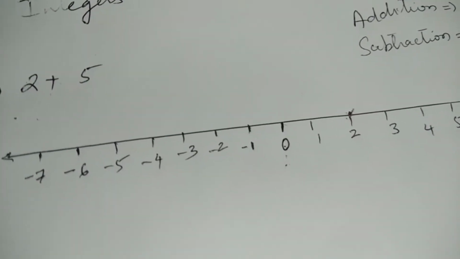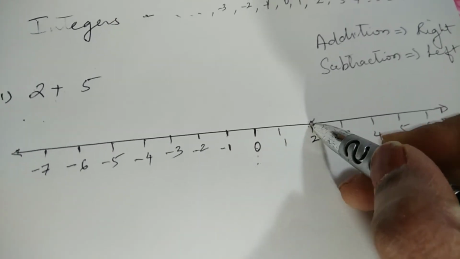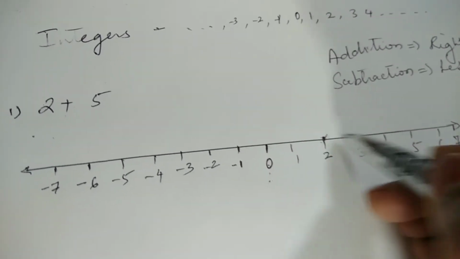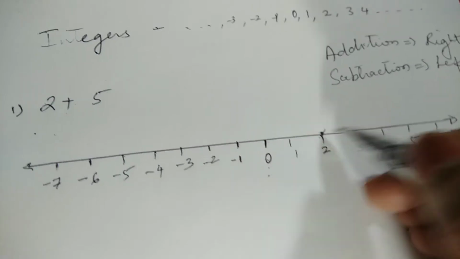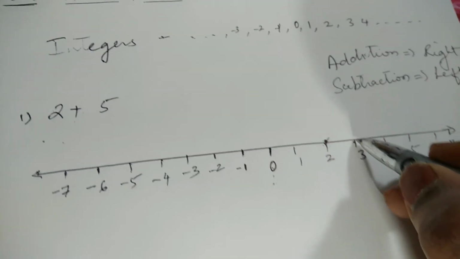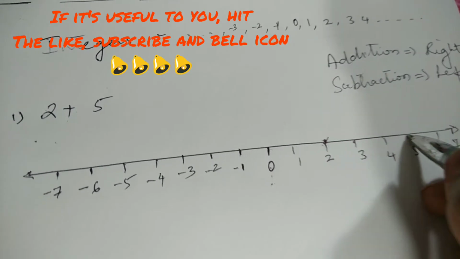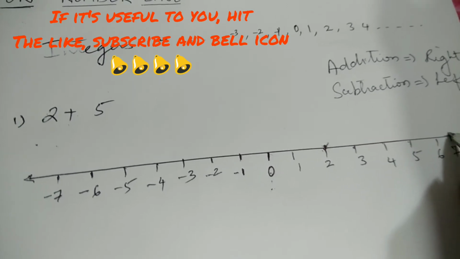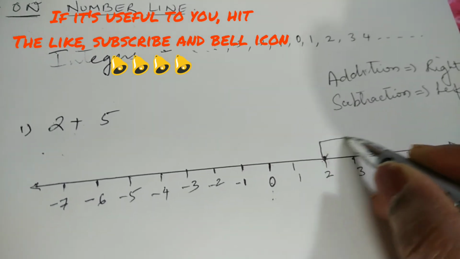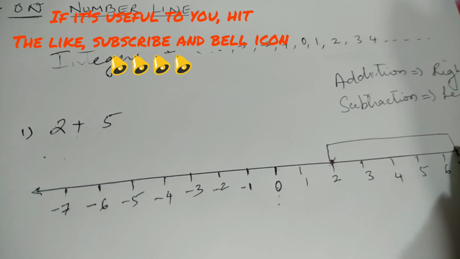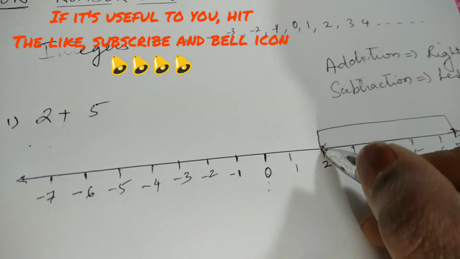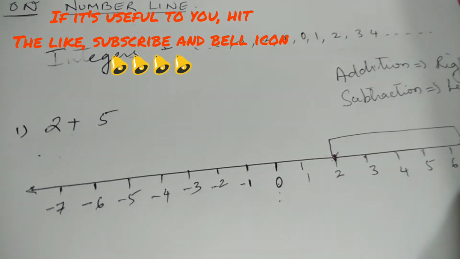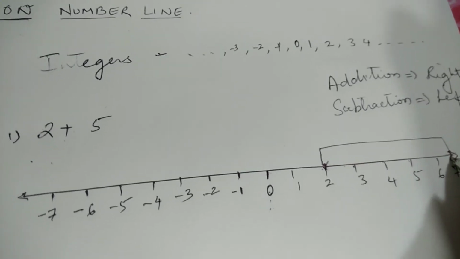We don't count 2 here, we start counting from 3: 1, 2, 3, 4 and 5. Because we started from 2 and moved 5 steps towards the right, we got the answer 7.